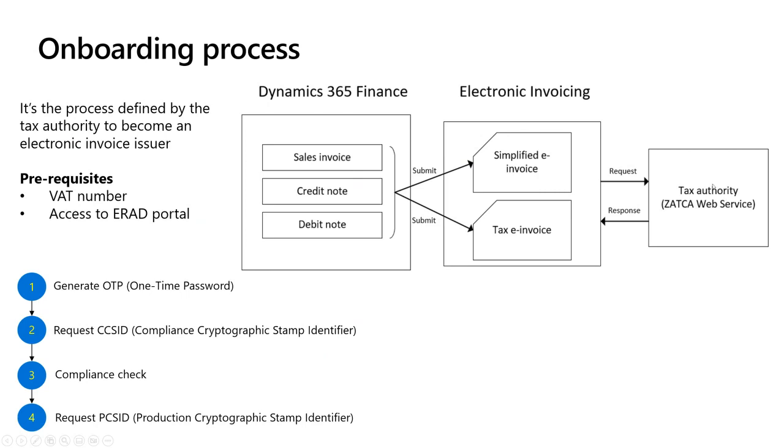Once Zatka approves all those requests successfully, then you are allowed to request a PCSID, a production cryptographic stamp identifier, which is a new digital certificate for production. You then install this new digital certificate in your key vault, and then you can start using electronic invoicing for issuing electronic invoices in production.